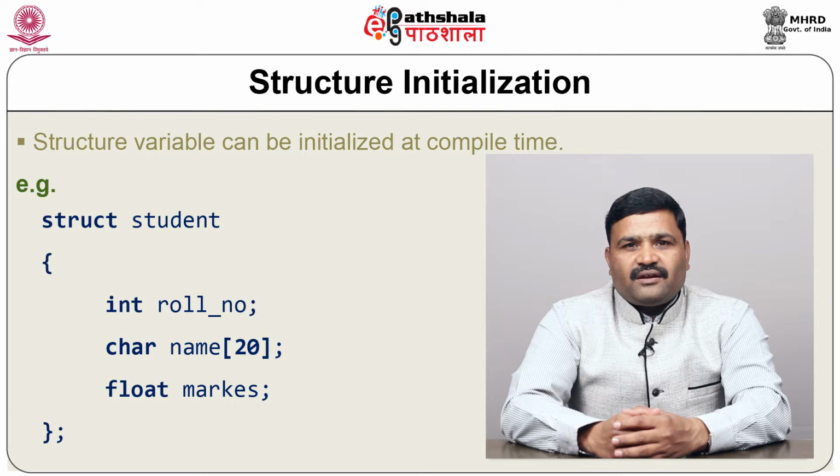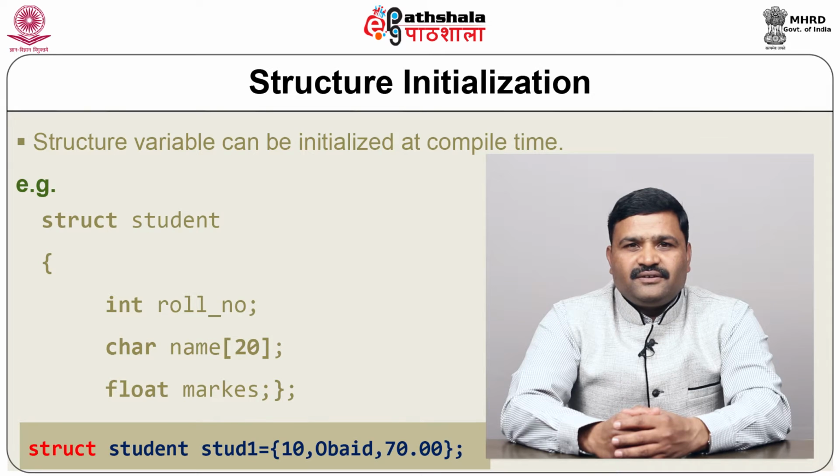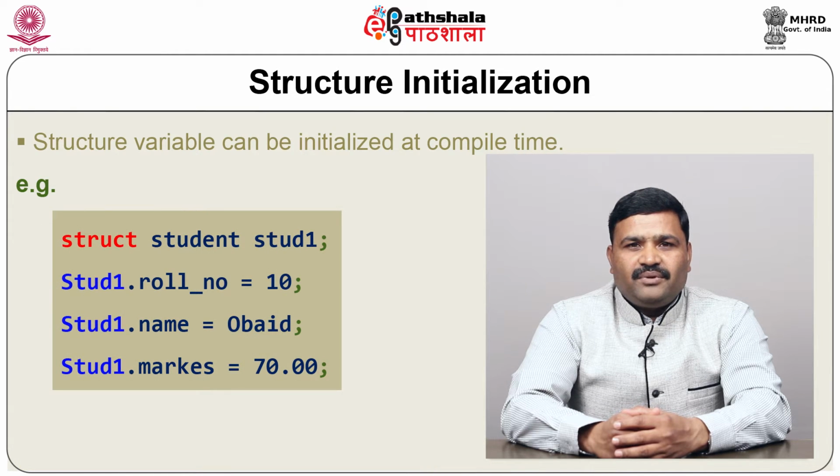Here we are creating a database for different students. Suppose we want to create a database for student1. Here you can see struct student student1 equal to some values like 10, the name of the student Obed, and 70.0. In this example, 10 is the roll number, the name of the student is Obed, and the percentage of marks is 70.